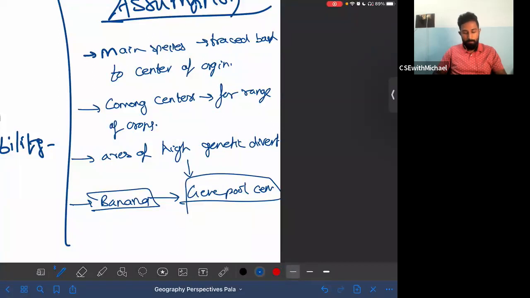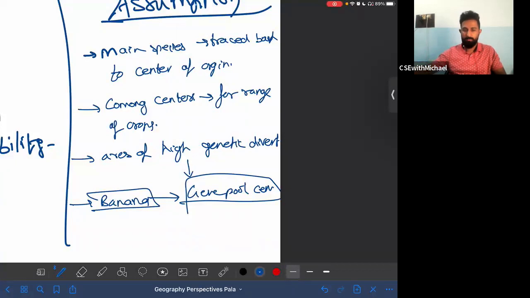So we'll write the first one, South Asian tropical region, where crops were developed. This includes rice, sugarcane, and several fruits and vegetables.